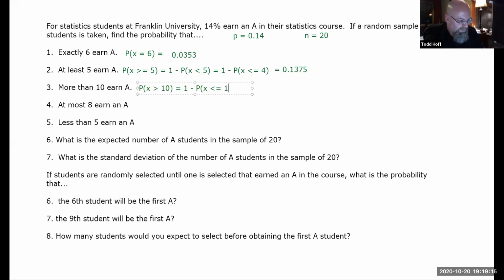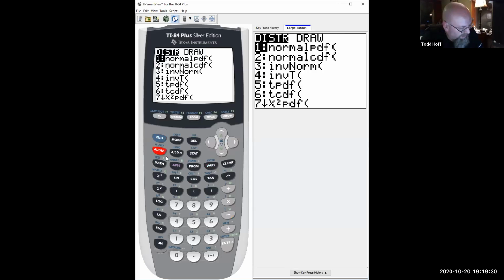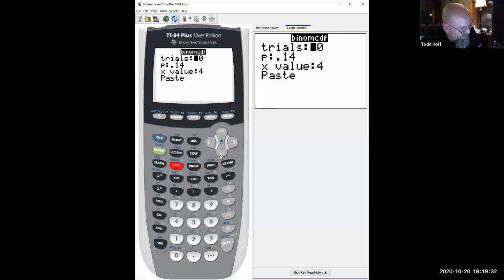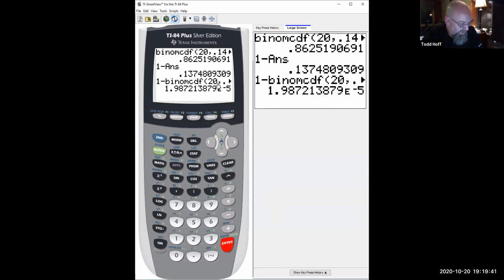So it's going to be a binomial CDF 1 minus again, since we're doing a greater than. So this time I'll remember to put in my 1 minus to start off. Second distribution, binomial CDF. Still 20 trials, still 0.14 is the success probability, but we're subtracting out up to 10 this time.